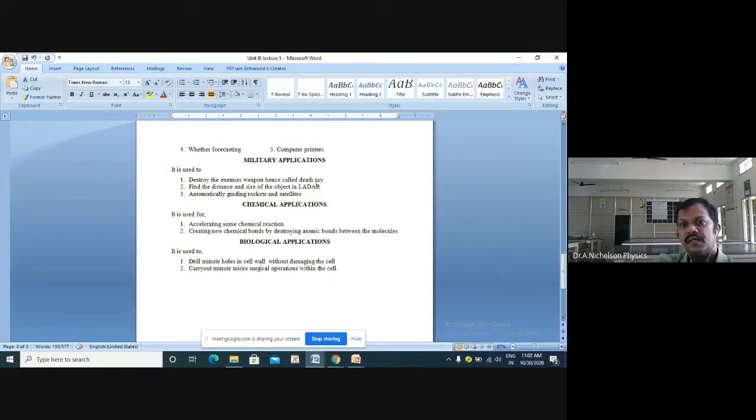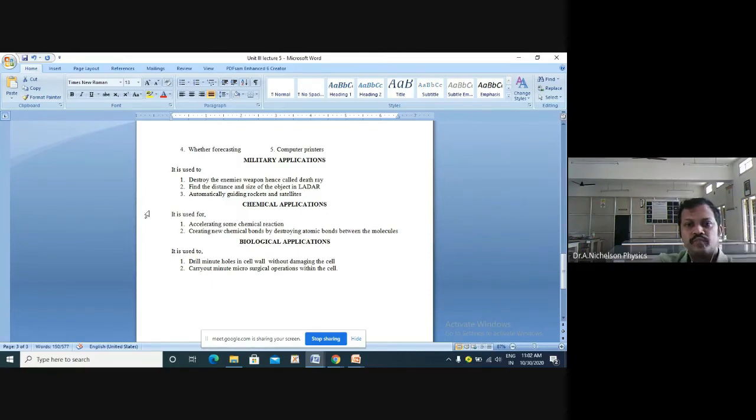Then LiDAR. LiDAR is just like radar, where radio waves are used: radio detection and ranging. Here it is light detection and ranging, and it is used for navigation purposes.